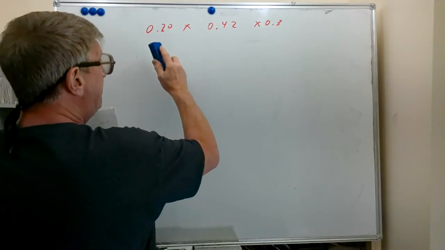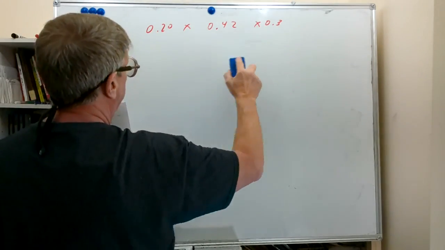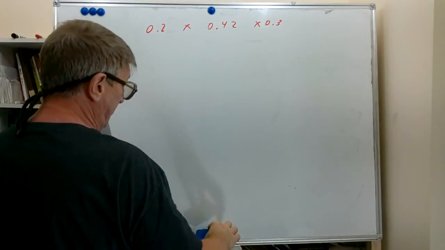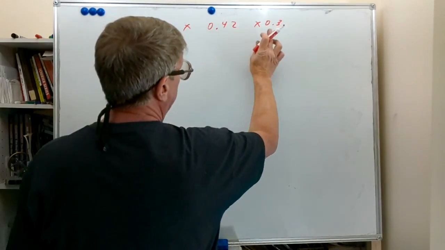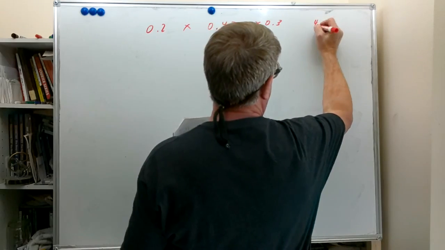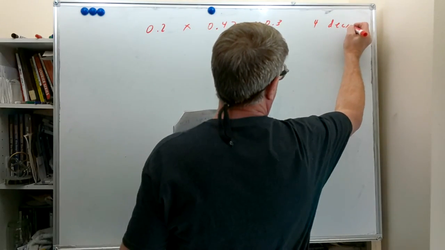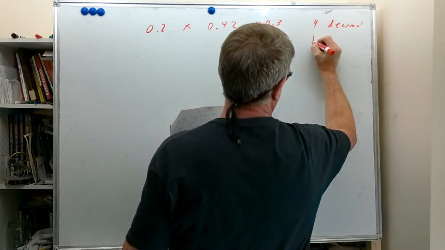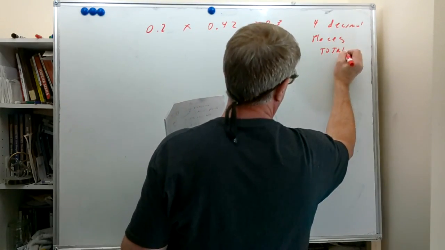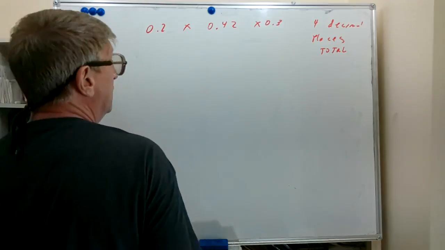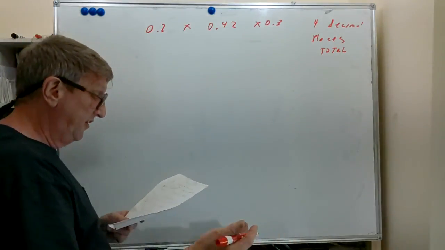The best way to keep track of the decimal places here is just get rid of that 0. Don't count it. So we have 1, 2, 3, 4 decimal places total in our problem. So we're going to want 4 decimal places in our answer.